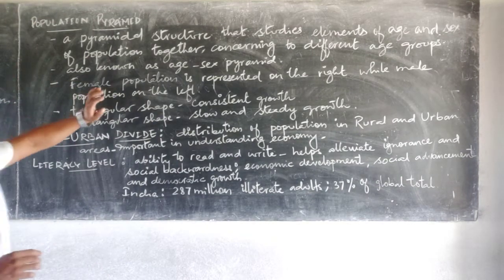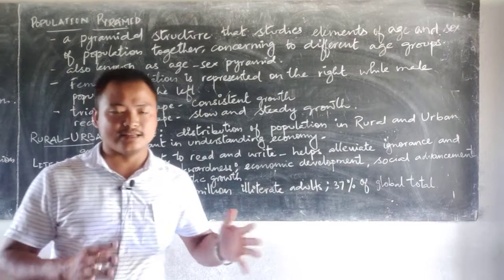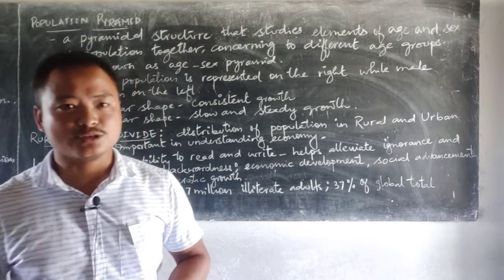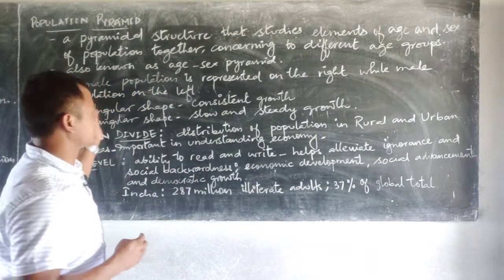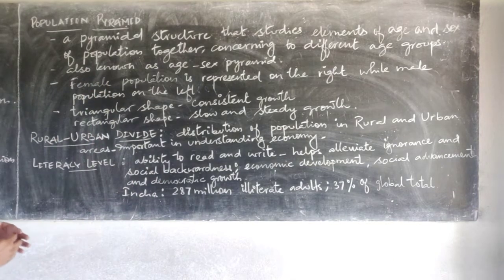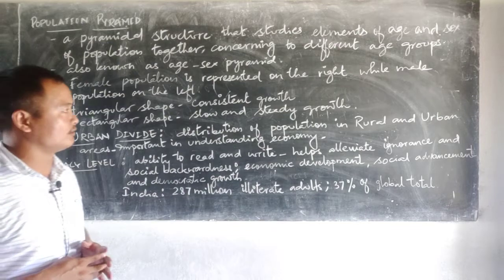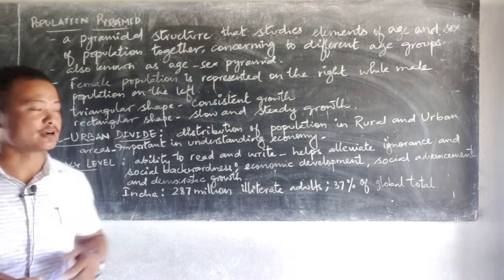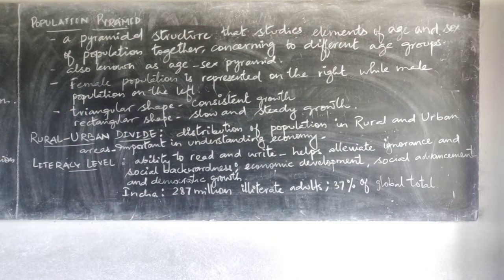Since it represents age and gender, this pyramidal structure is also known as the age-sex pyramid. The female population is represented on the right, while the male population is represented on the left.